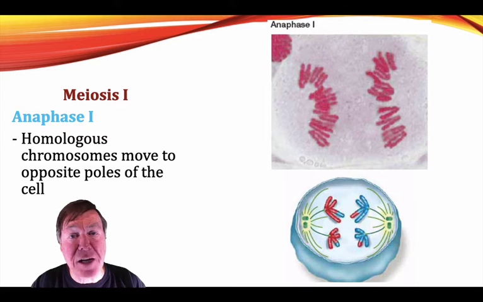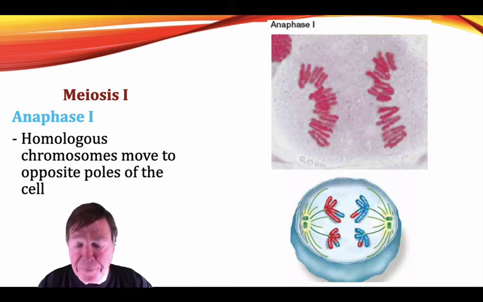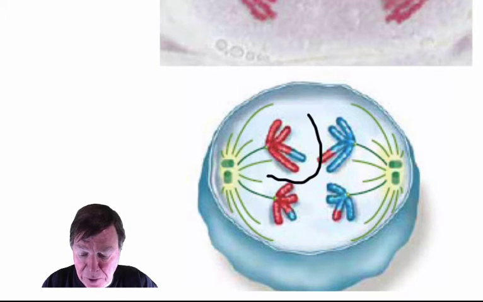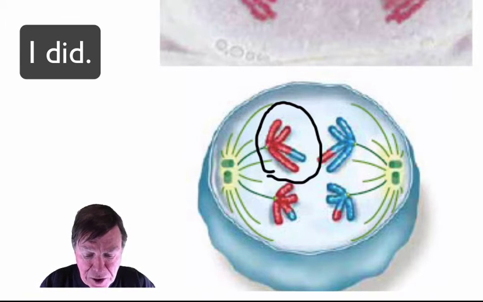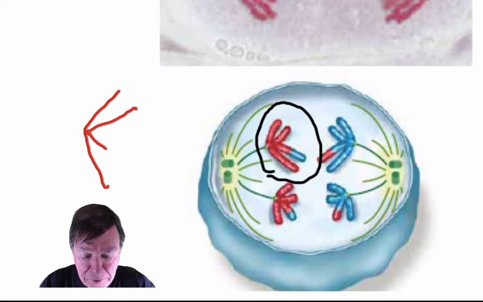What happens in anaphase in mitosis? The chromosomes separate. What happens in anaphase 1 of meiosis? The chromosomes separate. Again, I really like this diagram on the lower right here, because you can see now where I'm using this one as an example, and I'll try to remember to blow this up when I edit it. You can see that there is a red leg to this chromosome, and there's a red and then a partly blue leg.